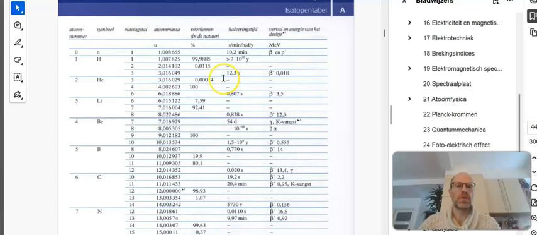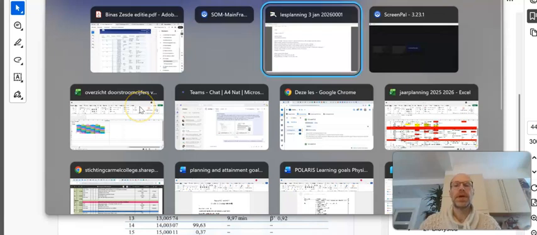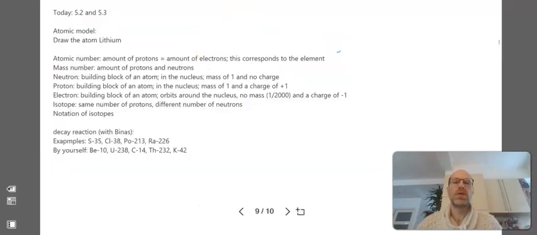It's a huge table, and we will use this extensively in this chapter. If you take a look at lithium, you can see that the atomic number is 3 and the most common mass number is 7. So if we want to draw lithium, then we need a mass number of 7 and an atomic number of 3. And there we go.